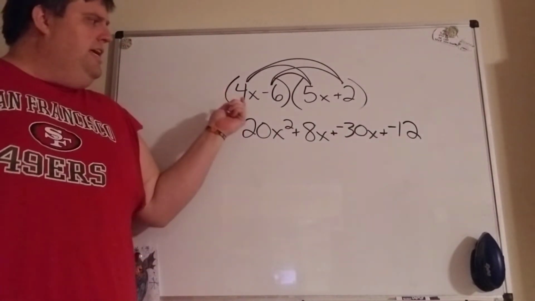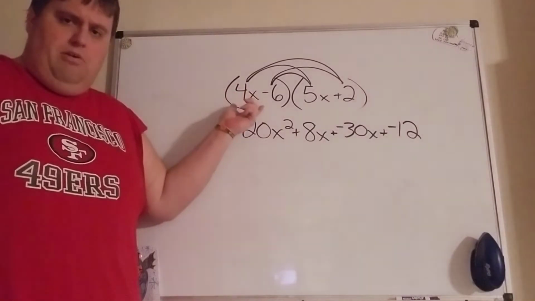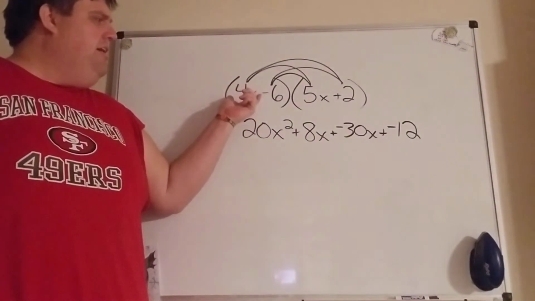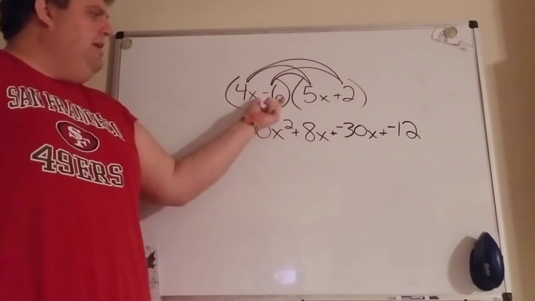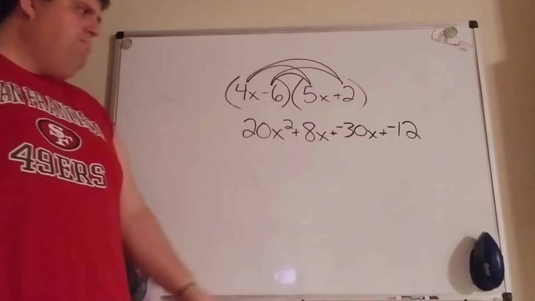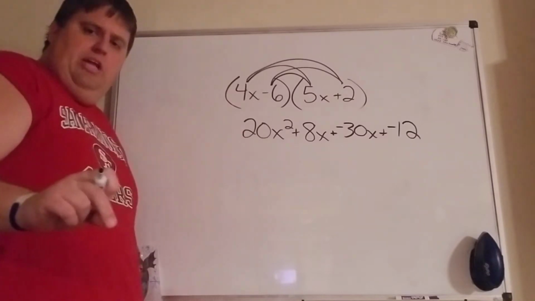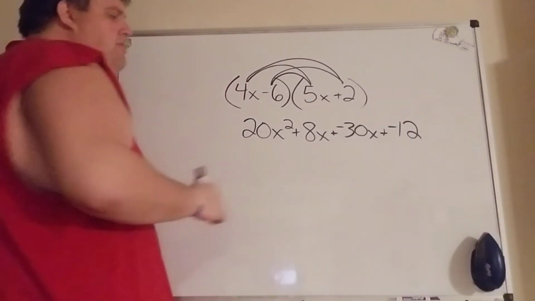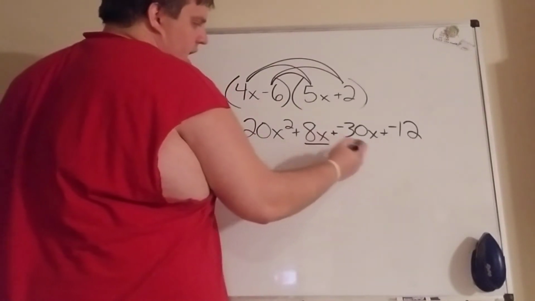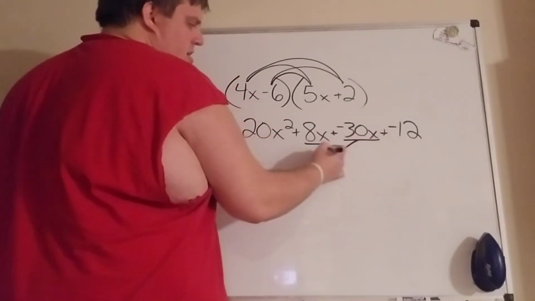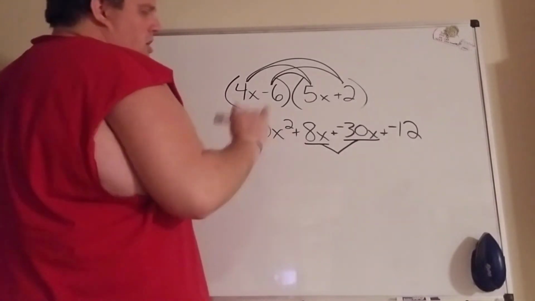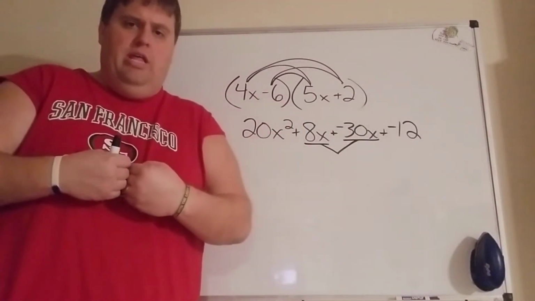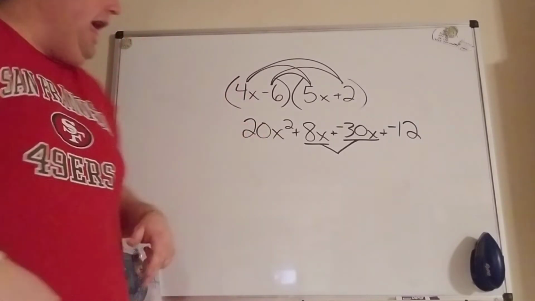As you can see, every single term had a turn when they multiplied. I went here, distributed to everything. I went here, distributed to everything. But now what we need to look at is, are there any like terms when I get done? Notice that in my middle, 8x and negative 30x, we can simplify that. Once you multiply, you have to go through and add any like terms that you have.